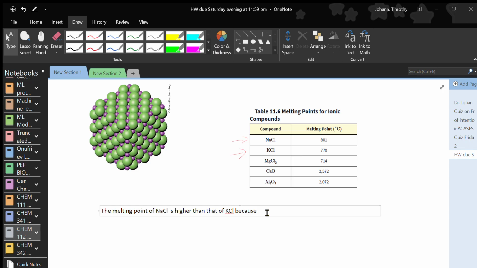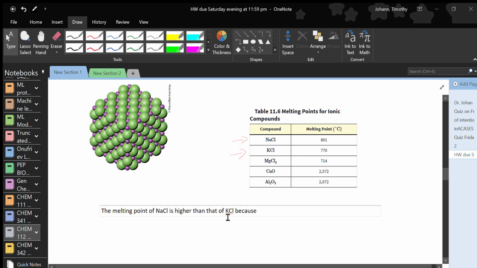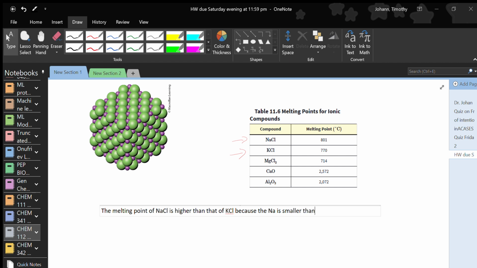So what we've got is the melting point of sodium chloride is higher than that of potassium chloride because the sodium is smaller than the potassium. Okay, they're ions in this case, but smaller than the potassium. Okay, and thus the distance between the atom centers is smaller.